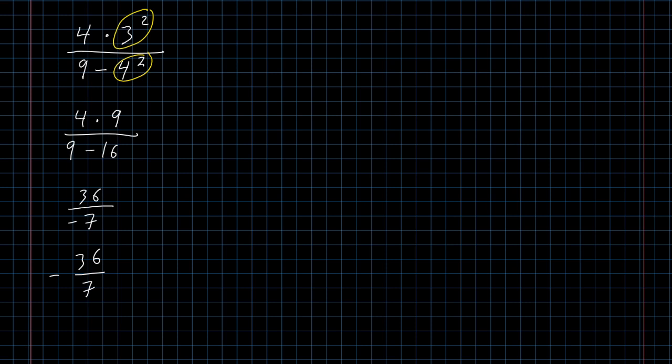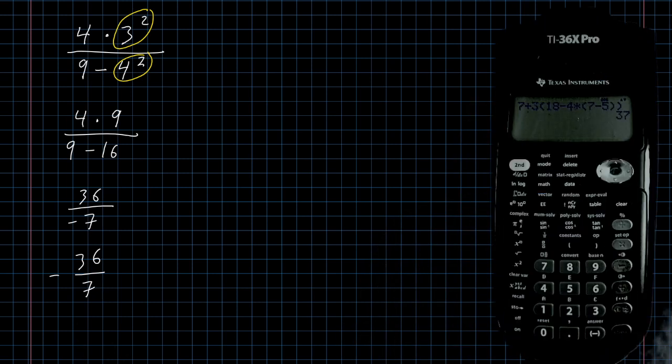My calculator is able to handle this expression directly. Not all calculators can. So if you have an older model calculator, this is again a place where understanding the order of operations by hand might be important because your calculator just doesn't have the technology necessary to evaluate this.